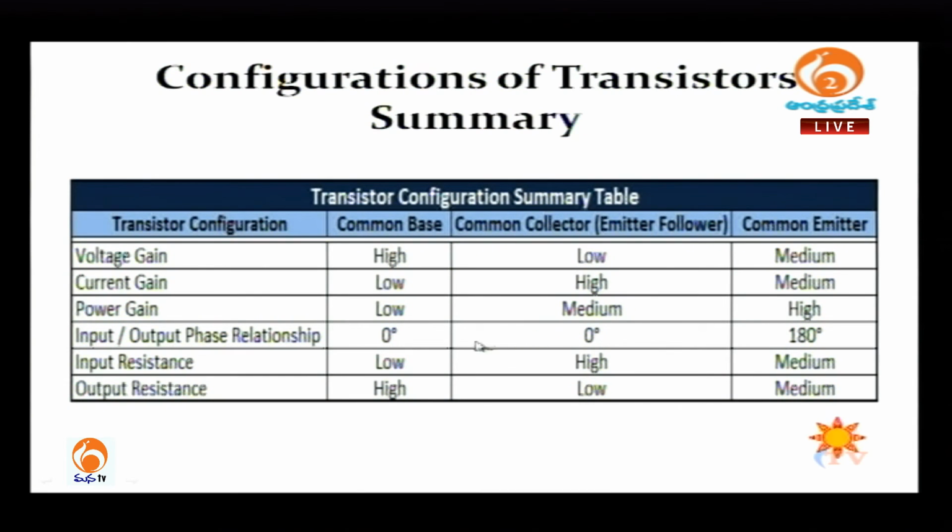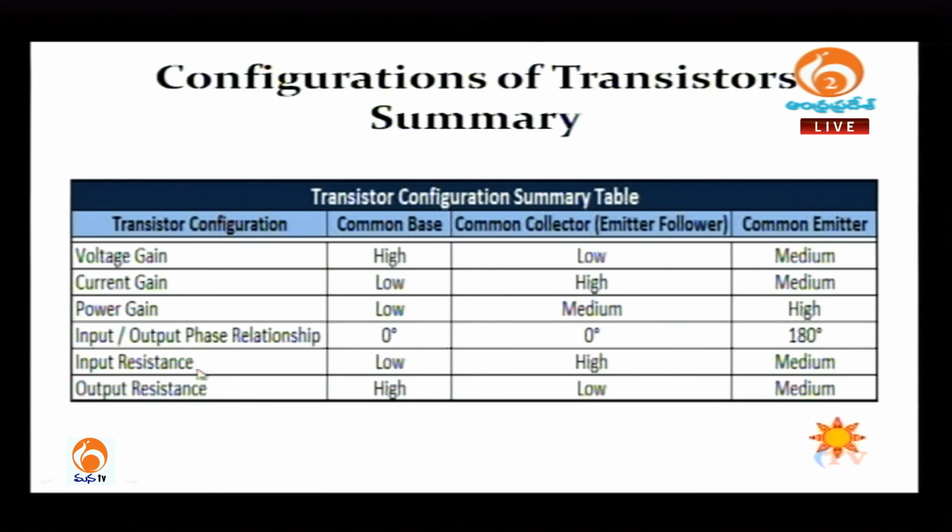If we apply a negative going pulse at the input, we get a negative going pulse at the output. Whereas, in the case of common emitter configuration, there is a phase difference of 180 degrees. The phase difference of 180 degrees means, if we apply a positive going pulse at the input, we get a negative going pulse at the output. Now, if we apply a negative going pulse at the input, we get a positive going pulse at the output.